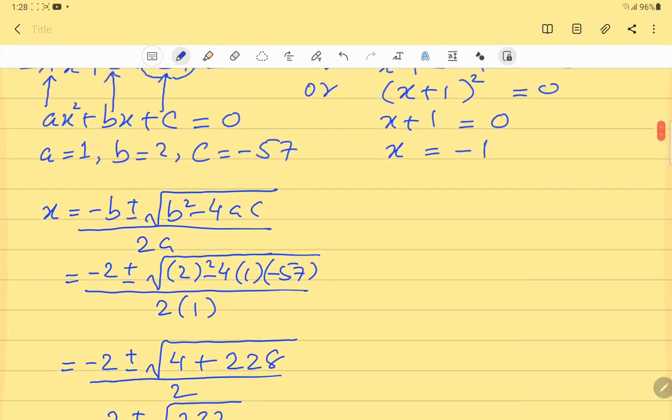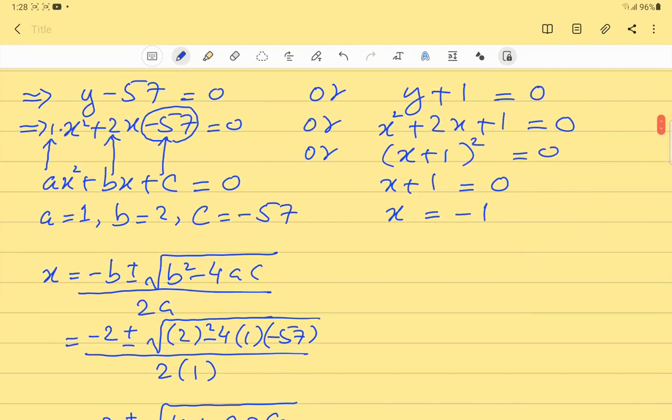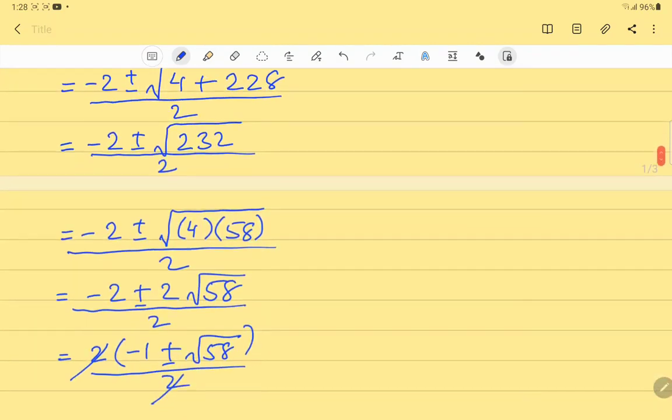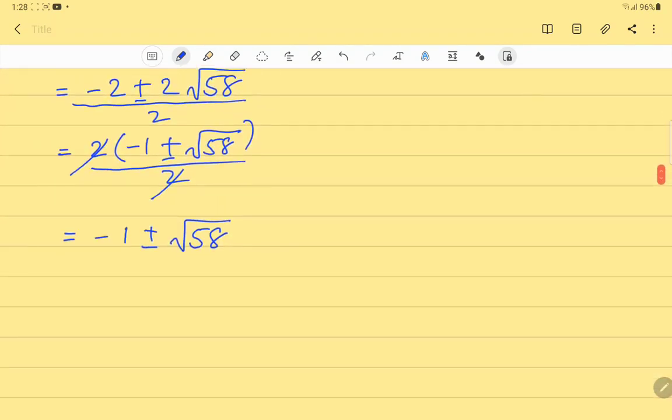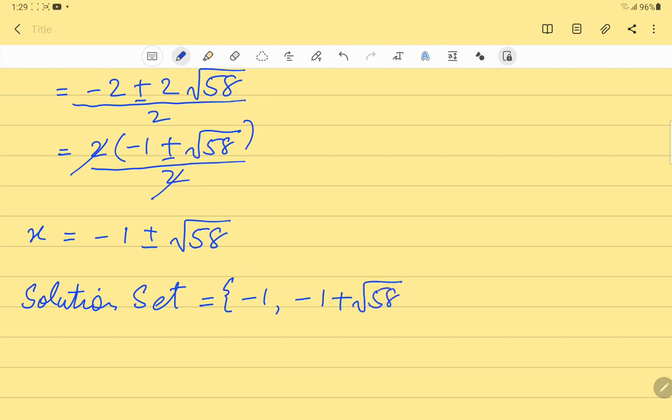So now we have our complete solution. One value is minus 1 and the other two values are minus 1 plus square root of 58 and minus 1 minus square root of 58. So we can write our solution set now: minus 1, minus 1 plus square root of 58, and minus 1 minus square root of 58.